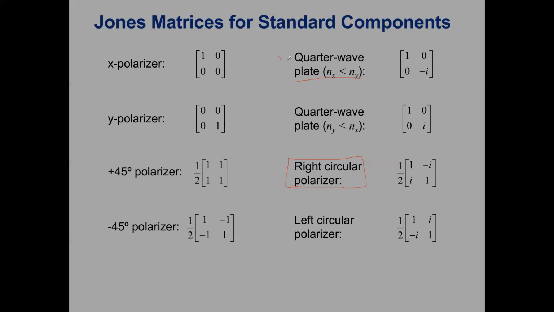So for this guy here, theoretically anyway, you don't lose any power or strength of your electric field in your light wave going through this device. For this guy here, you do. You lose about 1/2 of your total electric field strength. So that's how this guy here is different from this guy here, and that's what this 1/2 models.